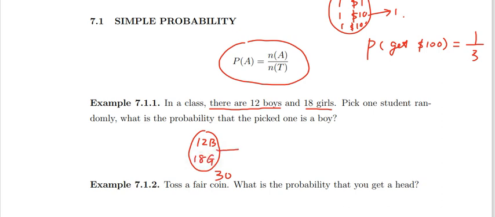Okay, so from here pick one student randomly. What is the probability that you get a boy? Here randomly means you pick, like closing your eyes, or by their ID number.